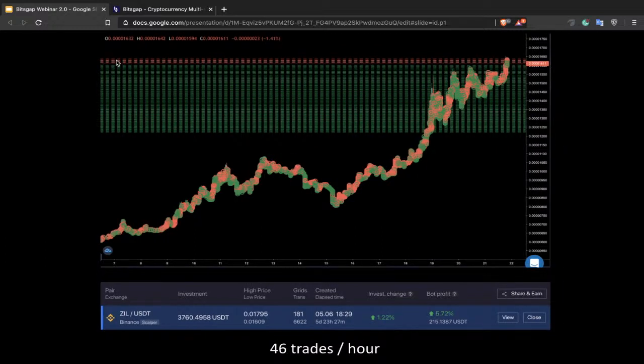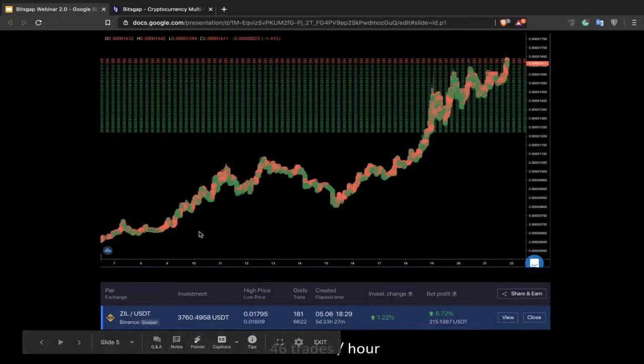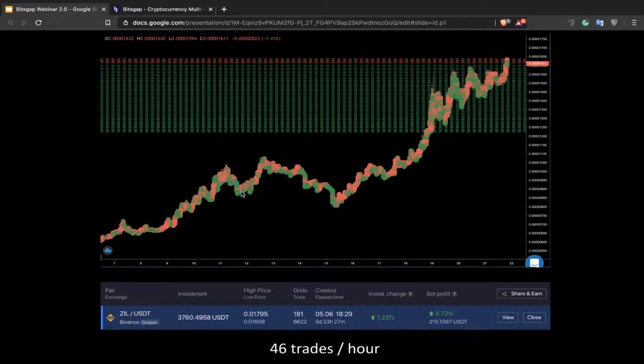Basically, here is the perfect visualization for you of what this is all about. So that's actually a random picture. It's not Zilliqa trading to USDT, but in any case, the frequency is pretty much the same when it comes to our trading bots.